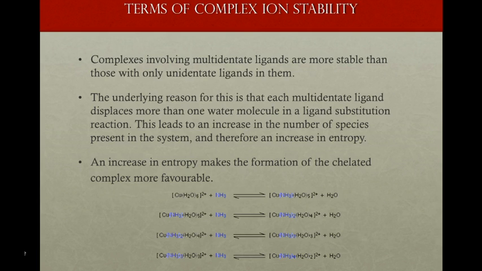Again, look at the substitution by ammonia. We have the same number of molecules on the left-hand side as on the right-hand side. That doesn't encourage stability. What encourages stability is the use of multidentate ligands in a ligand substitution reaction.